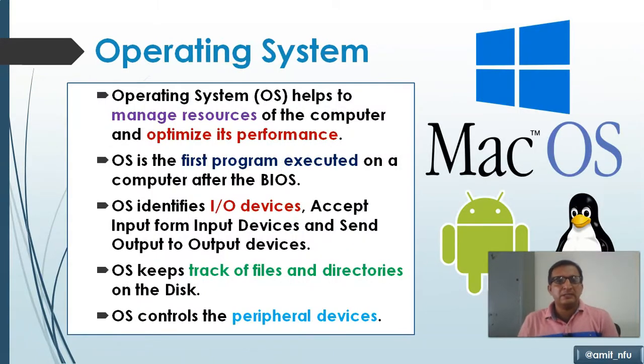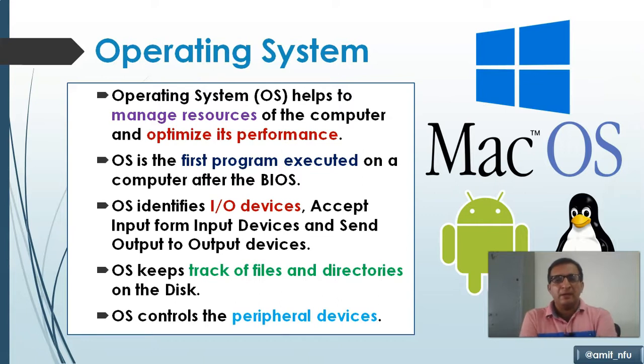So we start with the operating system. If we talk about operating system, it helps in managing the resources of the computer. Resources can be hardware as well as software. Basically, we focus on the hardware part, right, and optimize its performance, right? So the operating system is the first program executed on a computer after the BIOS.